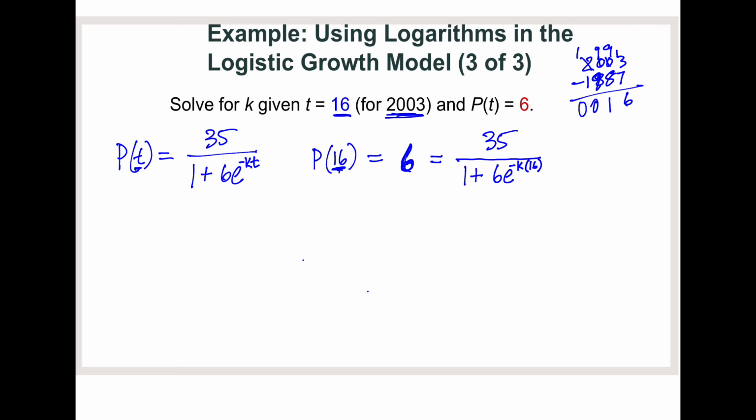Let me rewrite that. 6 equals 35 over 1 plus 6 e to the minus 16k. In a similar way, let's get rid of this denominator stuff. Multiply both sides by 1 plus 6 e to the minus 16k.